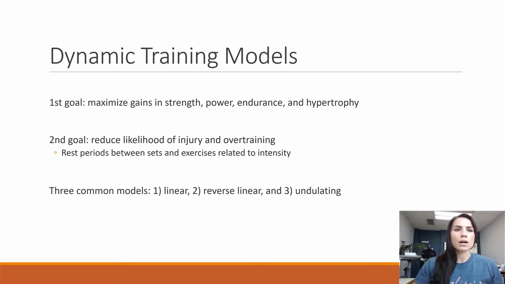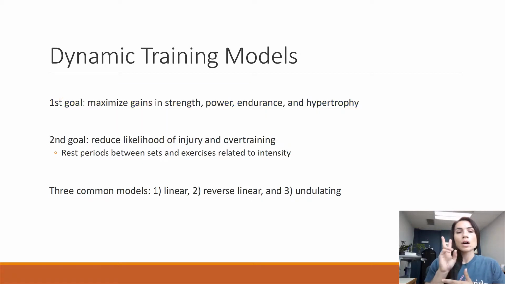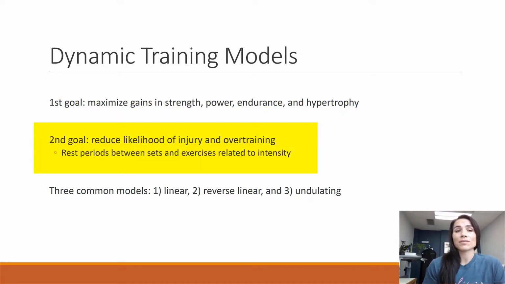So when we think about our dynamic training models, we're really thinking 2 things. First, our first goal is we want to maximize our gains in strength, power, endurance, and hypertrophy. Okay, so those are, again, those 4 components that go into your periodization. Our second goal is we want to reduce the risk of injury.